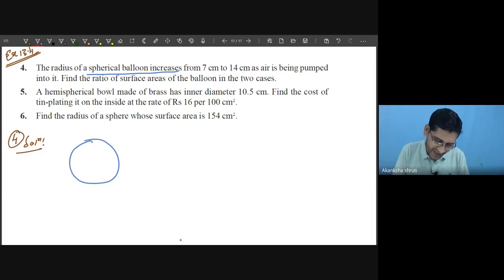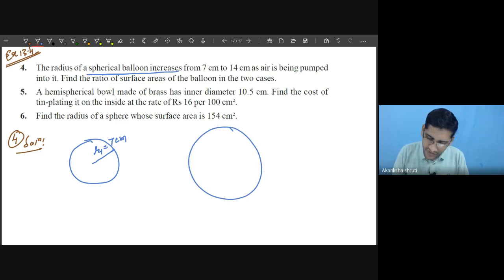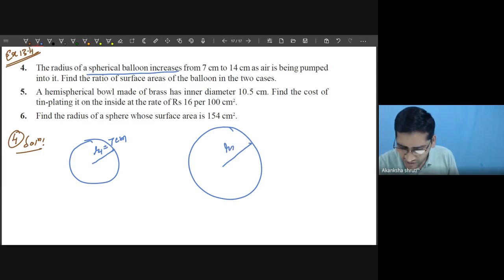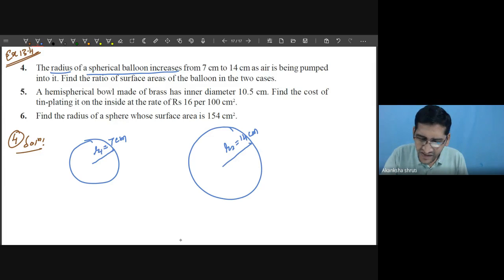It means initially this sphere has the radius r1, you may call it 7 centimeter. Now the radius of this balloon has increased to r2 equals 14 centimeter. So it is like 2 spheres. It simply means we put the radius on this figure. As air is being pumped into it, find the ratio of their surface area.